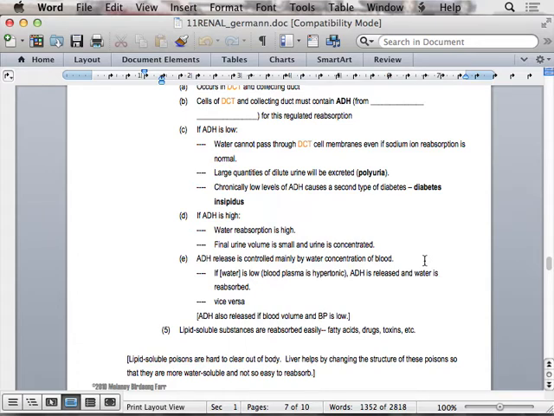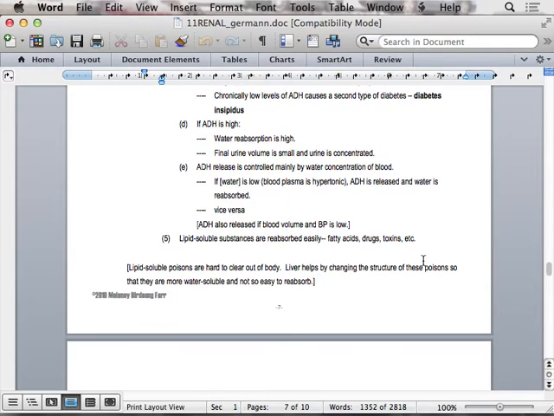Good? That makes sense? Okay, what about reabsorption of lipid-soluble substances? Lipid-soluble substances do whatever they please. You can filter them out by pressure and they will move right back in down their concentration gradient if they want to. So the kidneys are really no good at all at clearing lipid-soluble substances or toxins from the body. The liver has to help with clearing lipid-soluble substances or toxins from the body.